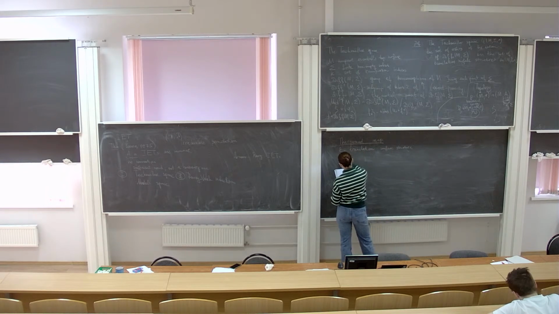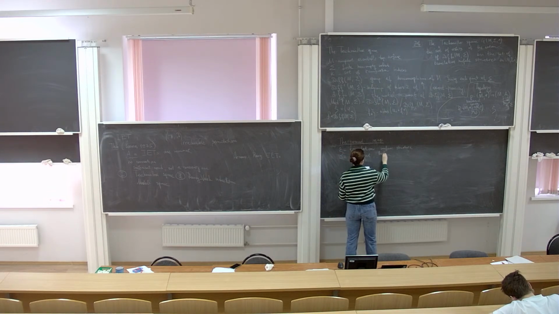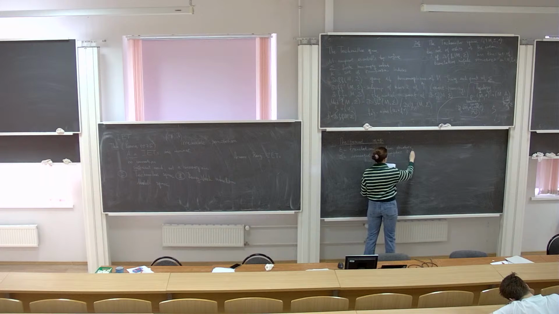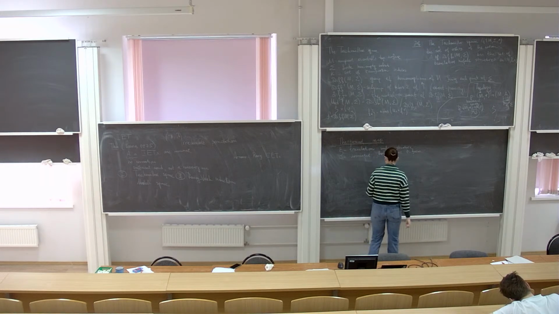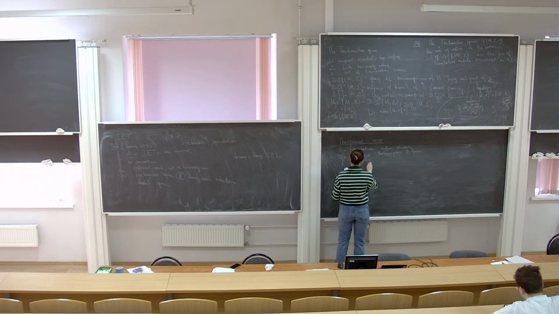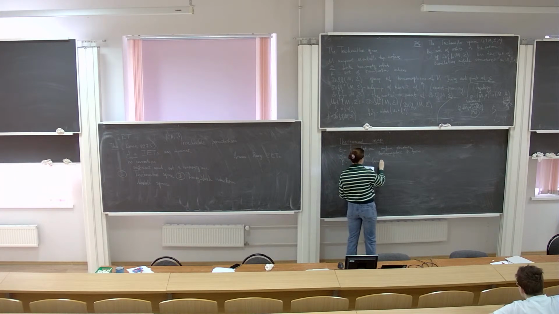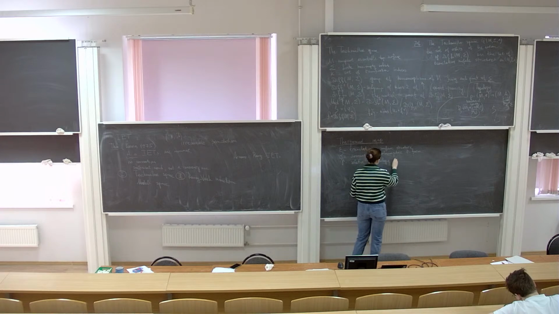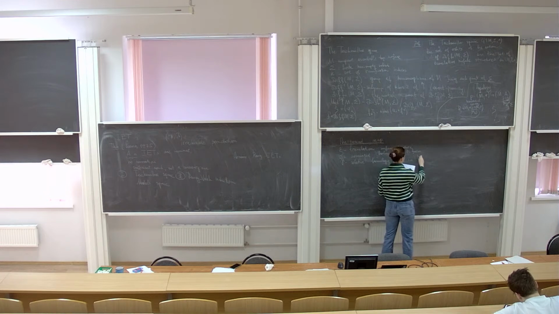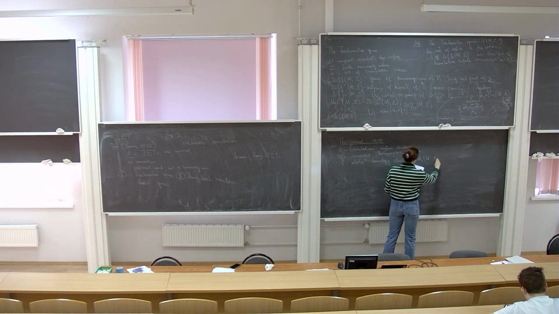Then there is an associated holomorphic one form. And we take a relative homology class in H1(M, Σ).